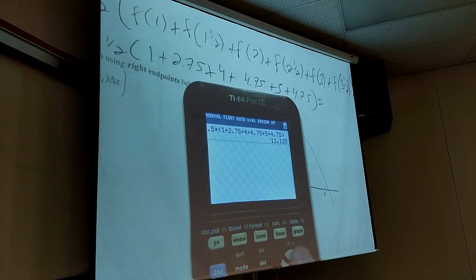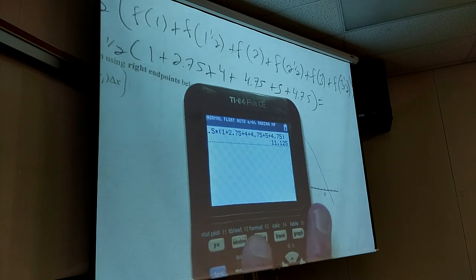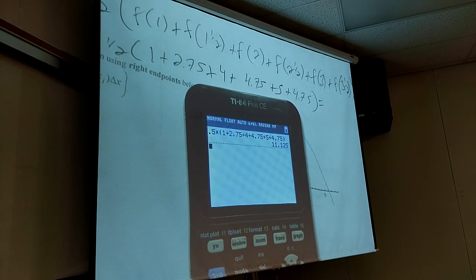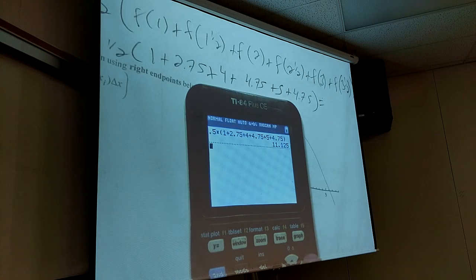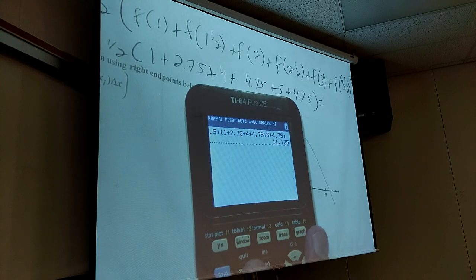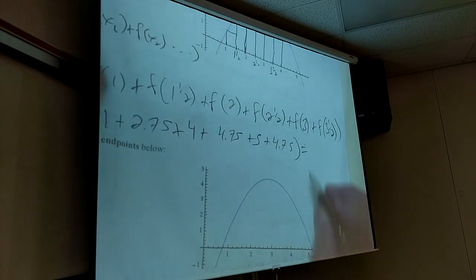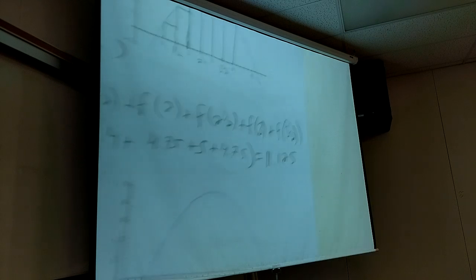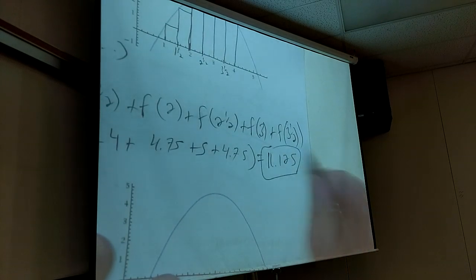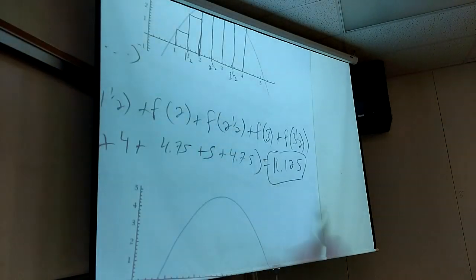That's what I get. Please let this be not that bad. We're finding areas of rectangles at the moment. That's like, what the heck? We were just doing Newton's method, and now we're finding areas of rectangles. It's beautiful. Enjoy it while you can. 11.125. That's my estimate using left endpoints.